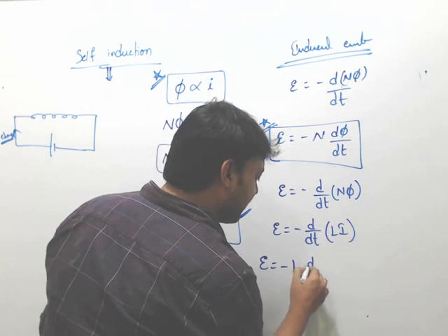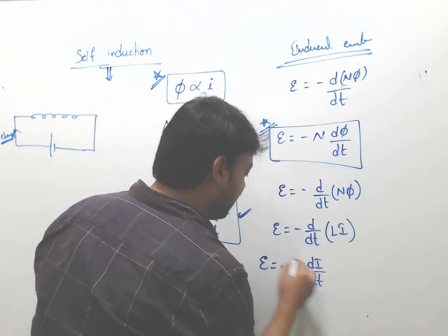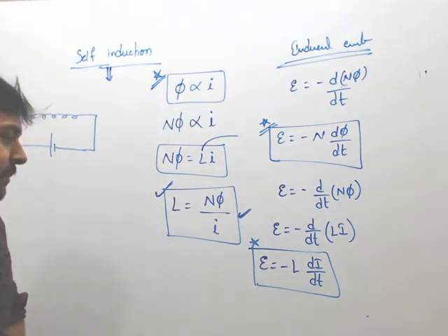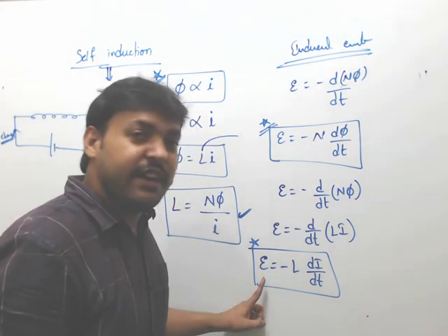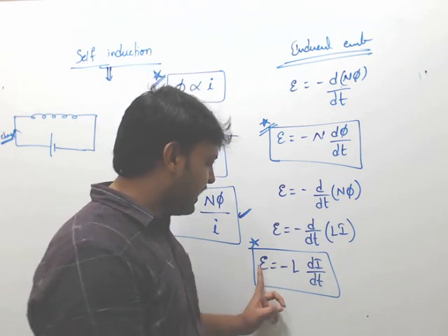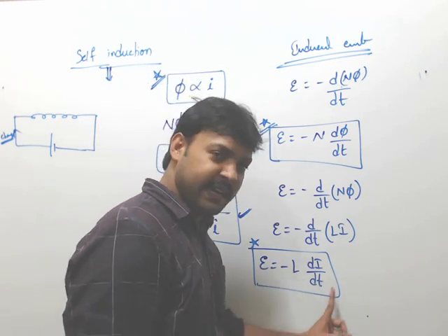So E equals minus L di by dt. This is the important formula to calculate induced EMF in a coil having N turns.